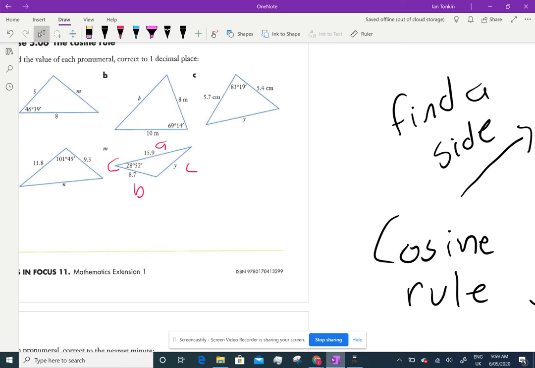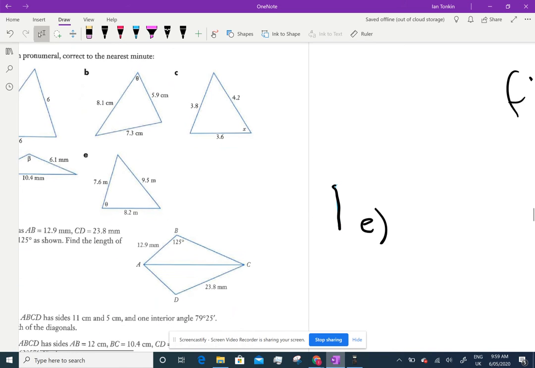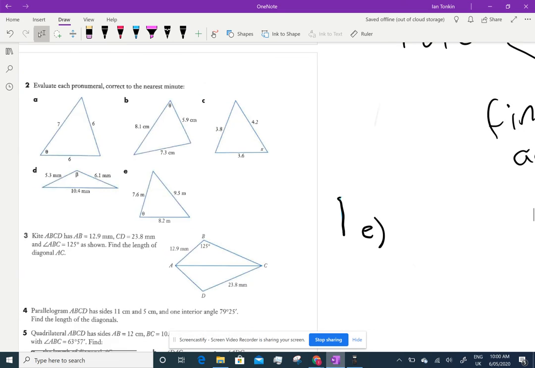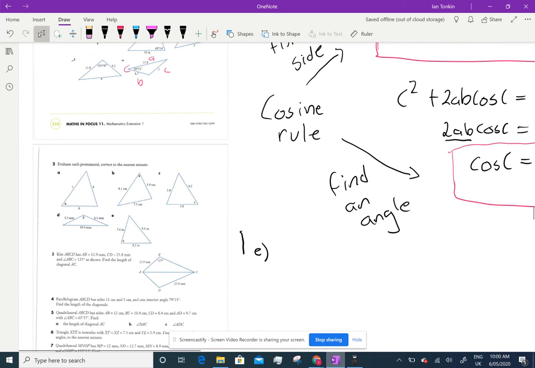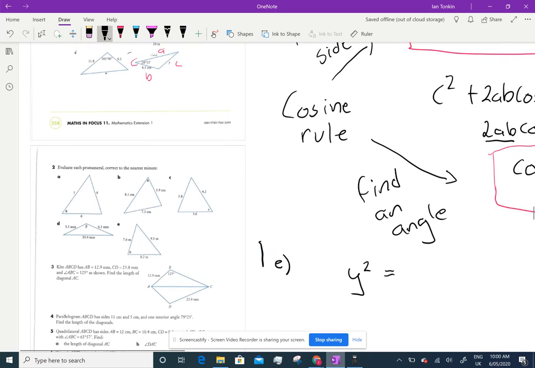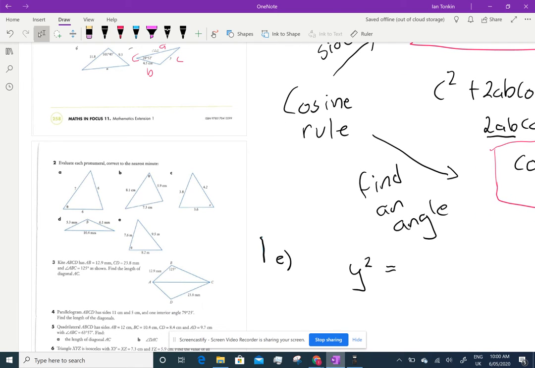So, here I go. Righto. And the pronumeral is y, so I'm going to use their pronumeral. Y squared equals A squared. What was A? I've lost it. I'm going to have to go to my other book on my other computer. 15.9.